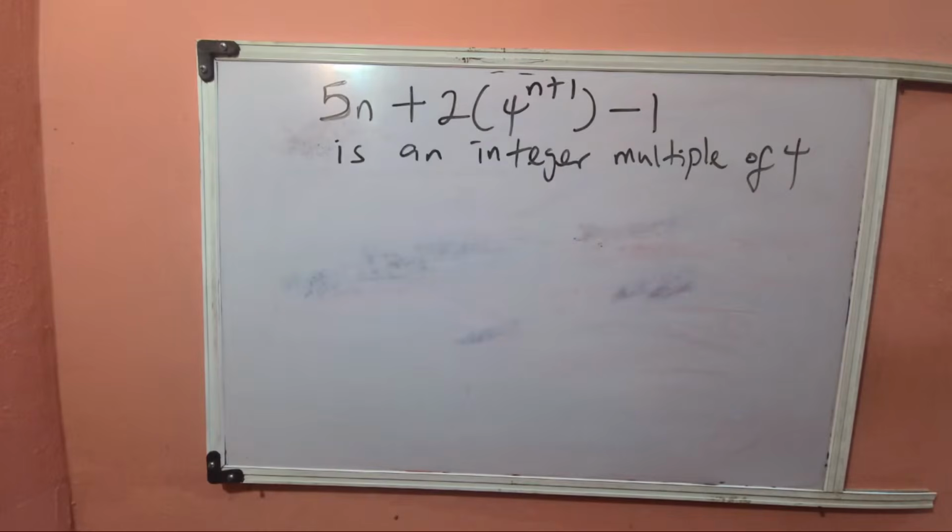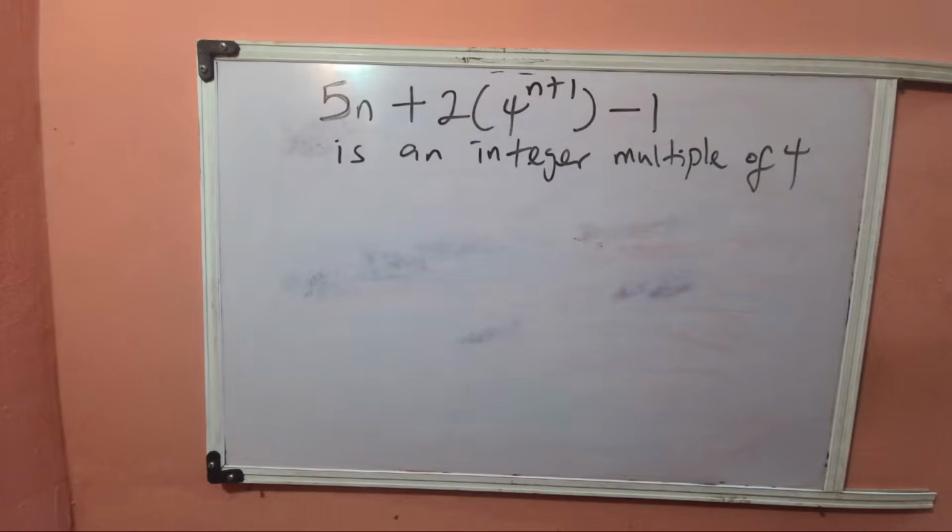So you're expected to prove this using mathematical induction. I'm sure you understand the steps we use for mathematical induction. The very first thing we do is to have our n being 1, and we use that to test run the hypothesis.